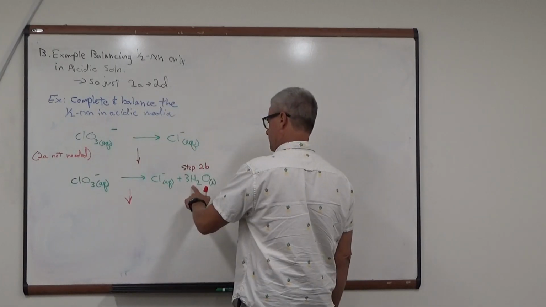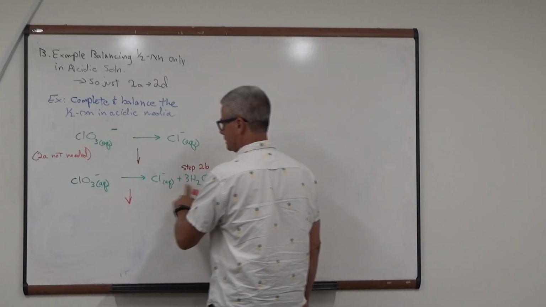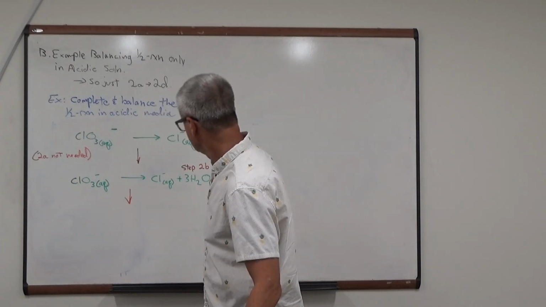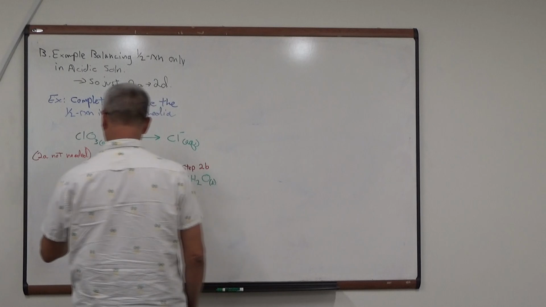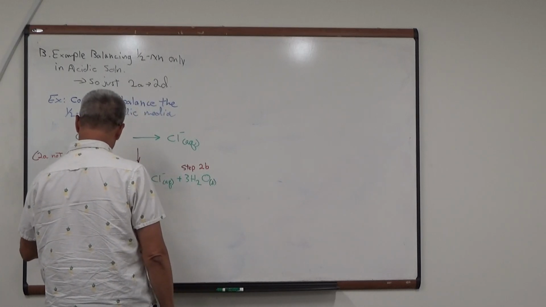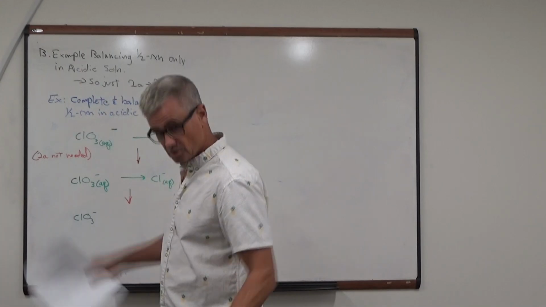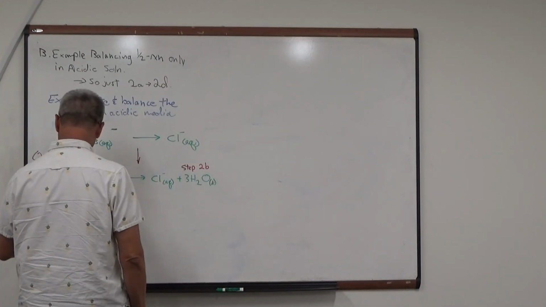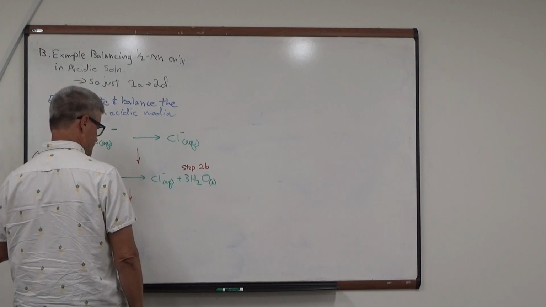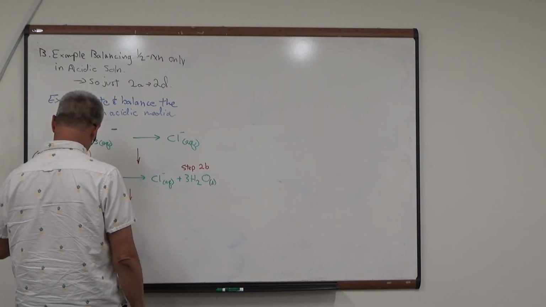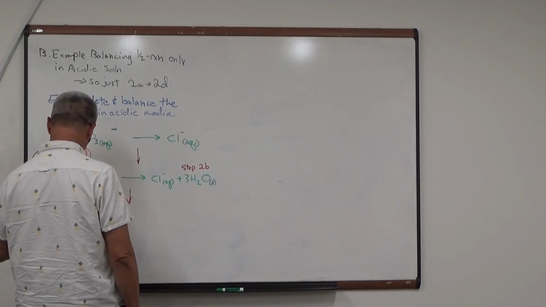We've now put a bunch of hydrogens on this side, but there's none on that side, so we'll add protons to that side. ClO3 minus. Sorry, just color coding here. Apologize for obsessiveness. We need to add 6 protons because that's how many H's we have over there.